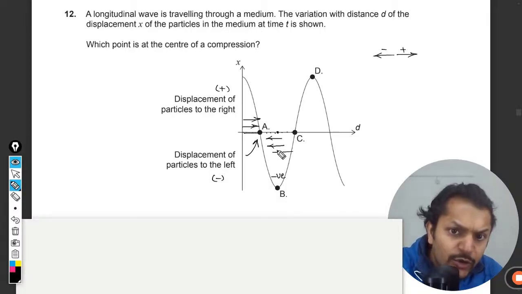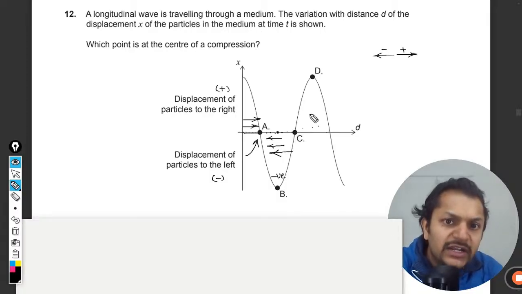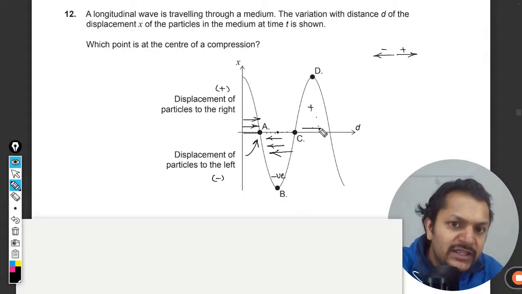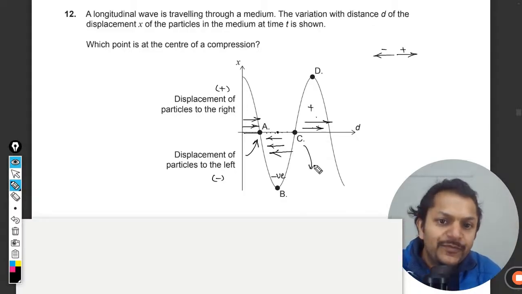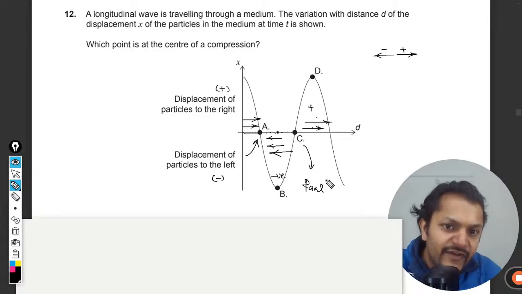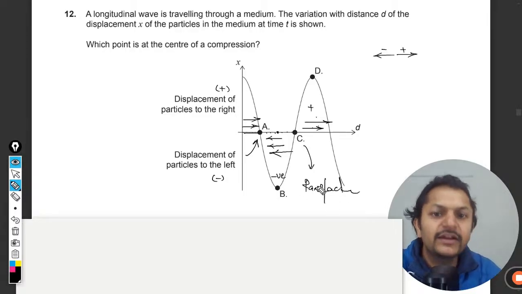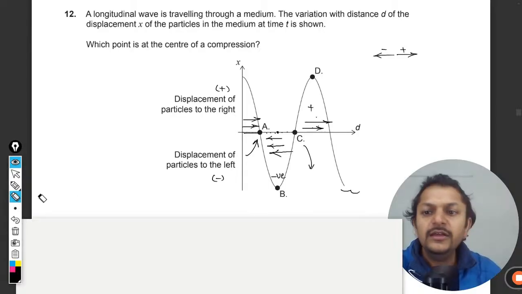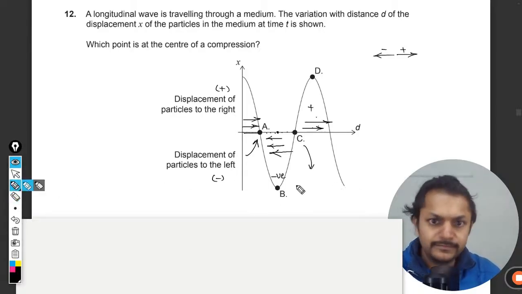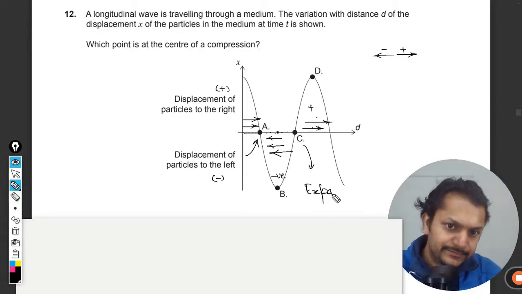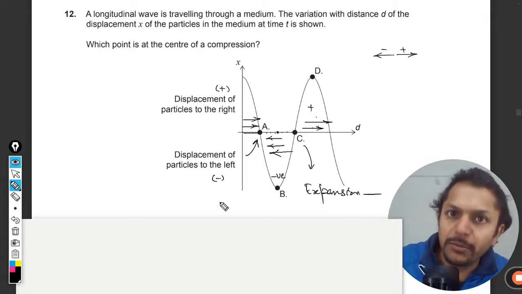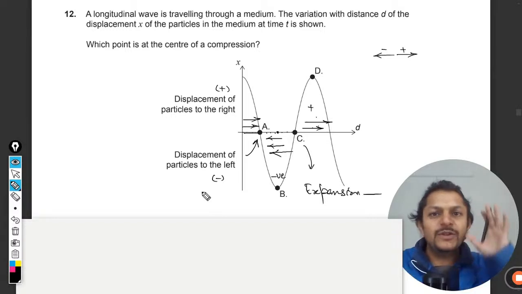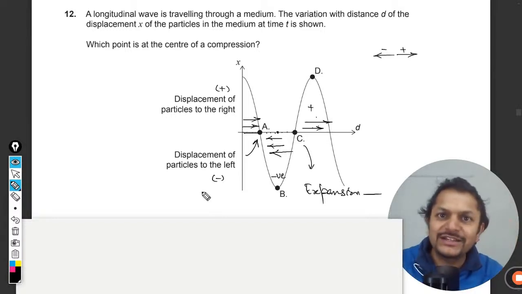These particles are going towards A, and all these particles, because they have the positive displacement, are going away from C. Clearly, C is the rarefaction, or the expansion, you can say. And A is the point of compression. So our answer in this case will be clearly A. There is no doubt about this.